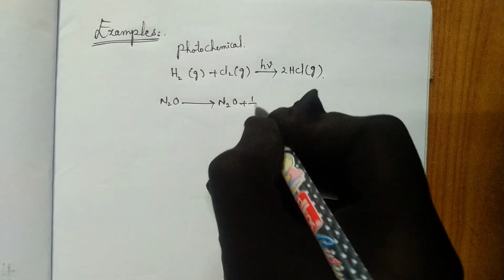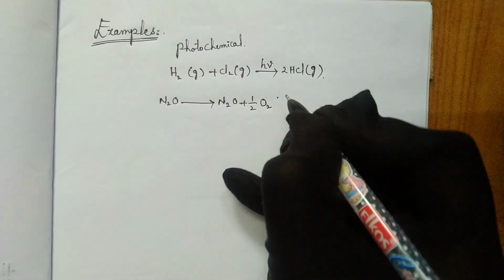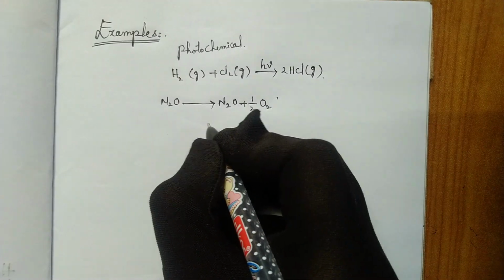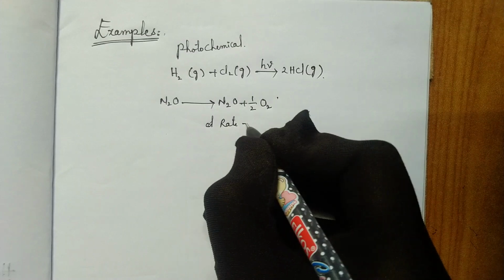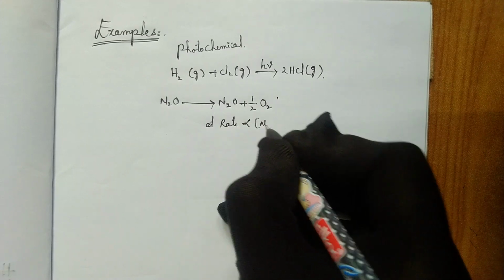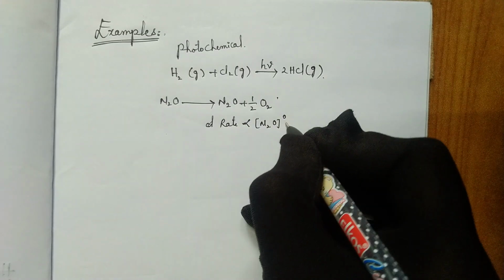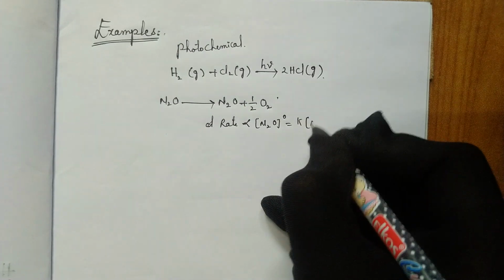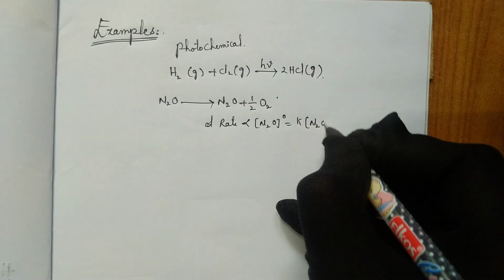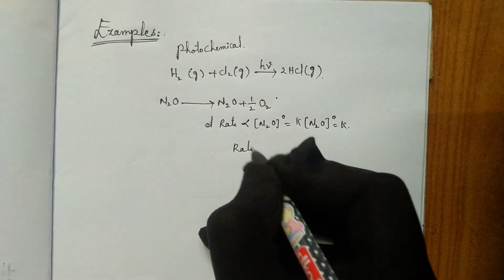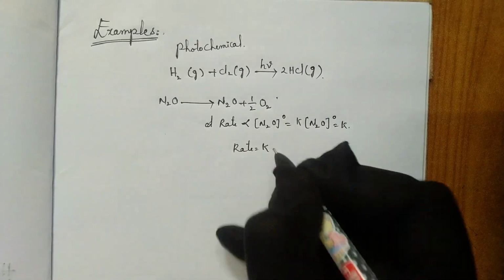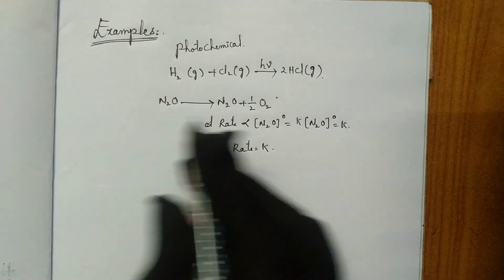If we write the rate expression, rate is proportional to the concentration of N2O to the power 0, so rate = k [N2O]^0, which means rate = k. So this is also a zero order reaction.